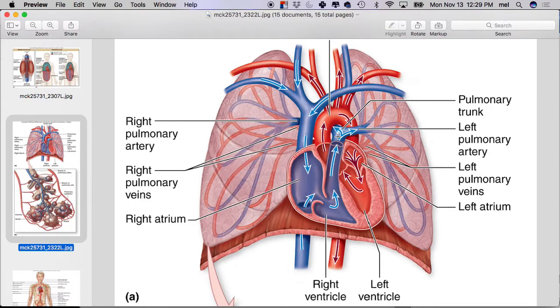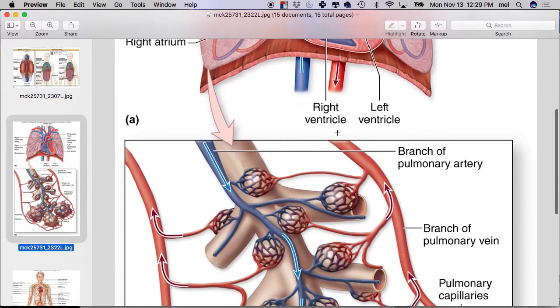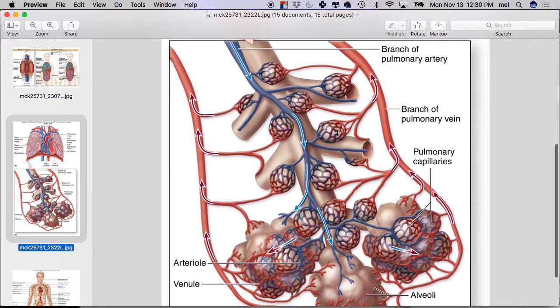And then, of course, we're going to go to capillaries. But the capillaries of the lungs are weird looking, okay? What we have with the lungs is a bunch of microscopic little air sacs called alveoli, and you can see them, those little microscopic air sacs. They are made of a simple squamous epithelium, one layer, with just a basement membrane in between them.